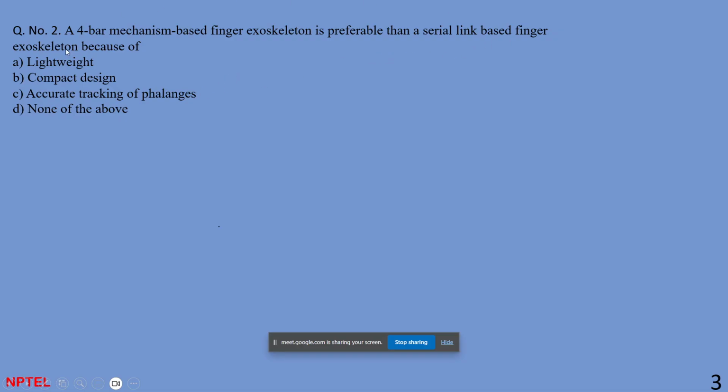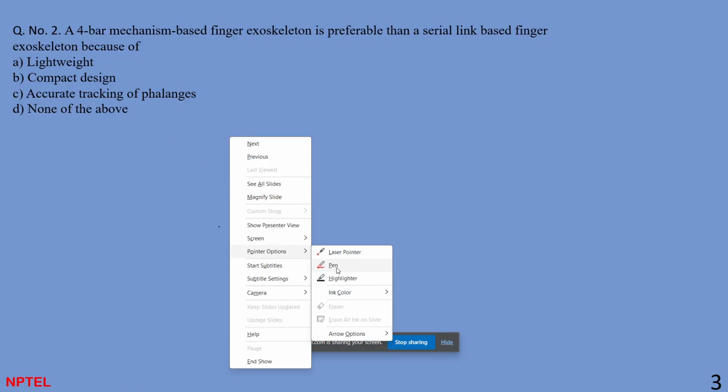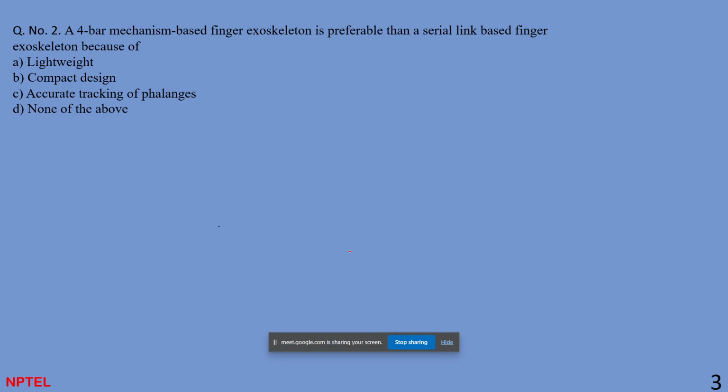The question is why we have chosen the four-bar mechanism instead of a serial link based manipulator.